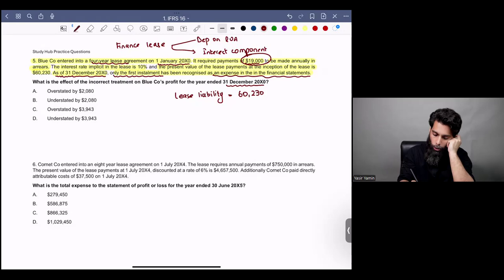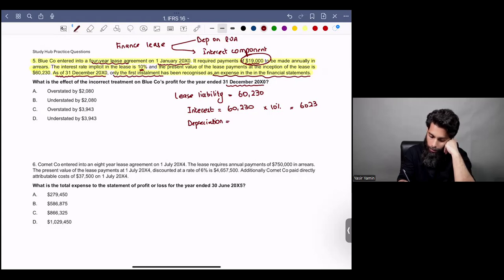First of all, you should calculate the interest amount on your lease liability. 60,230 was your lease liability. The interest rate is 10%, so multiplied by 10%, this should be 6,023. Make sense? Then you need to calculate depreciation on your asset. In this case, it should be 60,230 divided by 4 years.